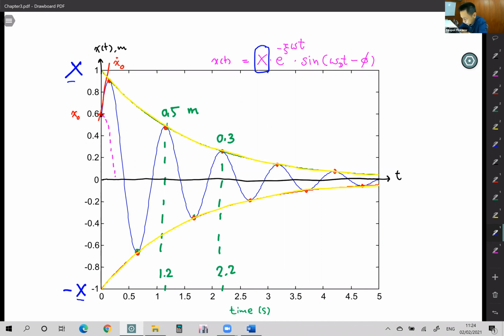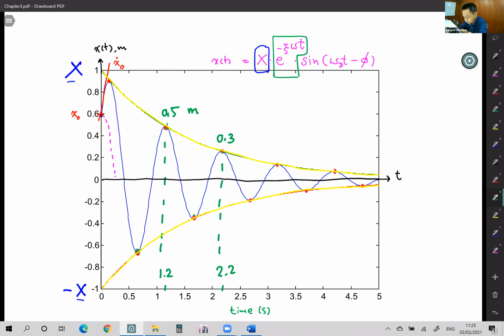The second term, let me explain this term for you. The green term, the exponential term, e to the power minus zeta omega t, creates the yellow envelope for my vibrations. It controls the amplitude of my vibration, which needs to be within this envelope.